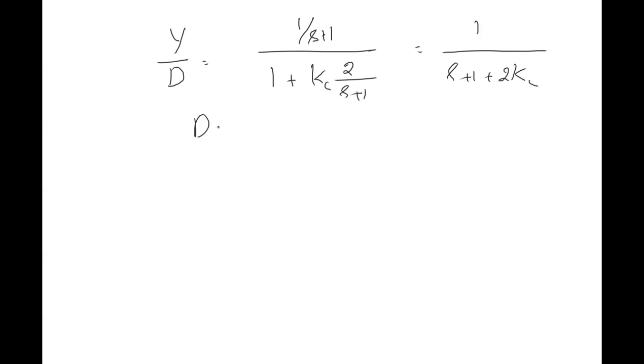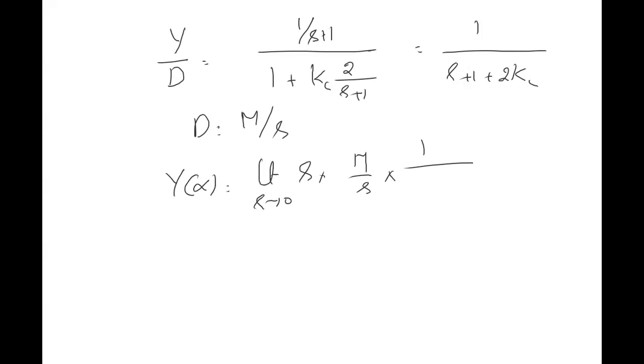What is D? M by s. So what is Y of infinity? Limit s tends to 0, s into M by s into 1 by s plus 1 plus 2 Kc. S will cancel. So if you put s equal to 0, 1 by 2 Kc. So this is Y of infinity.